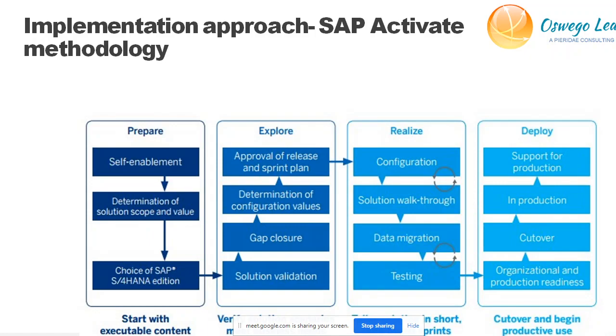Then they go to the explore phase. They explore in the product what functionalities are available. Then approval of the release and scope plan, determination of configuration values, and what the solution gaps are. They want to close these with the different business objects, and the solution validation.